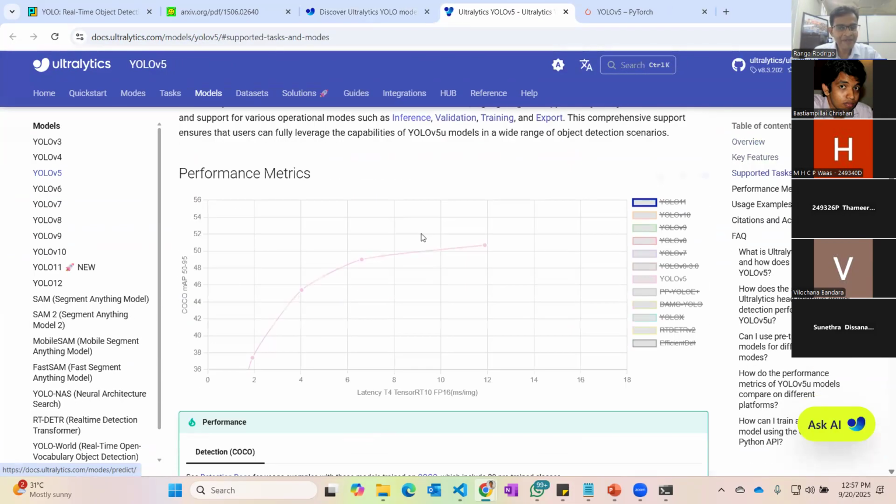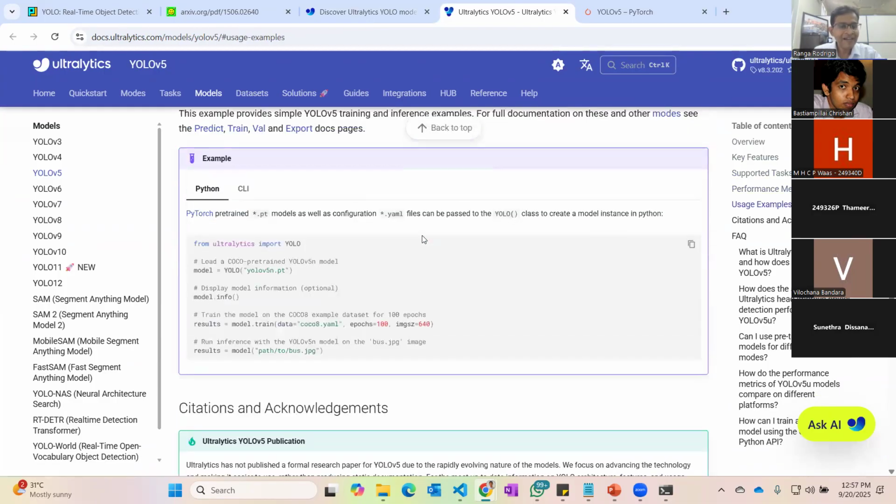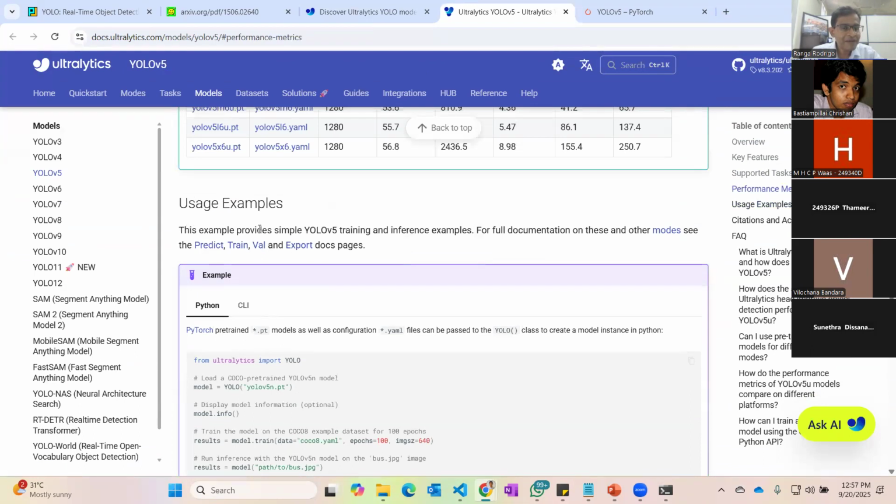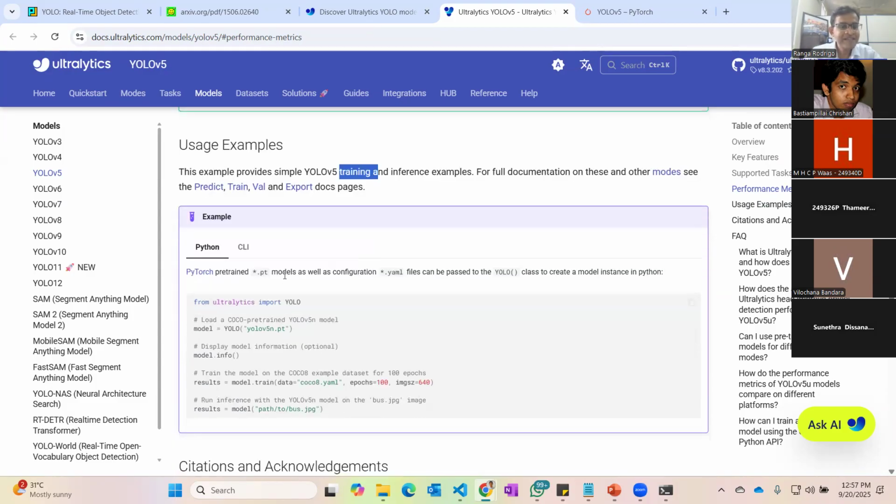I think this one is what I wrote, and yeah, this is the code: a simple YOLO V5 training and inference example. It trains also. For full documentation, see the modes and trainers pages.